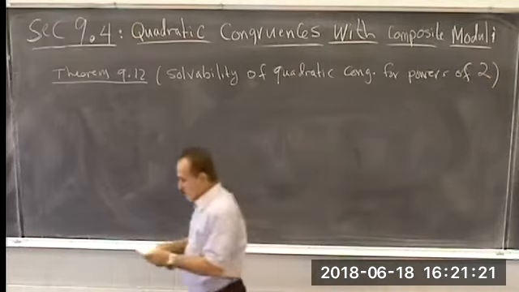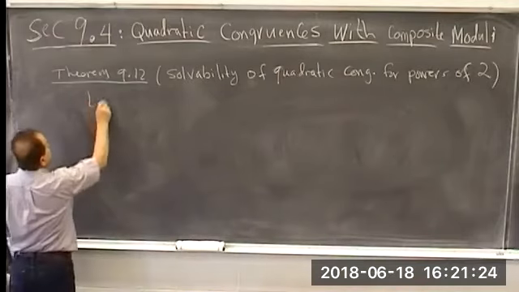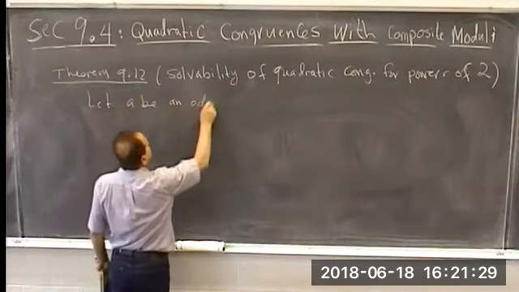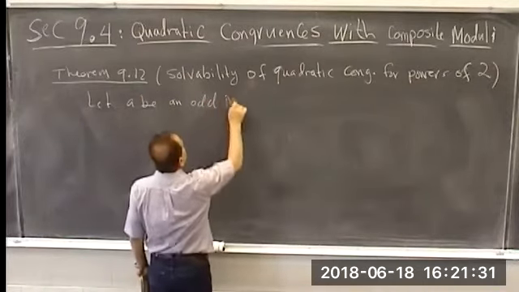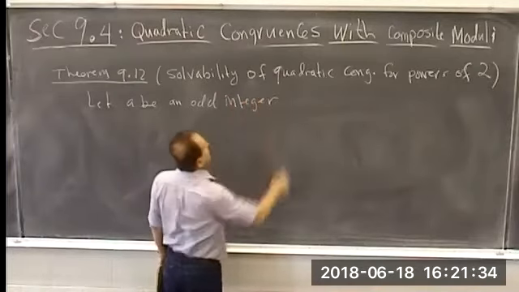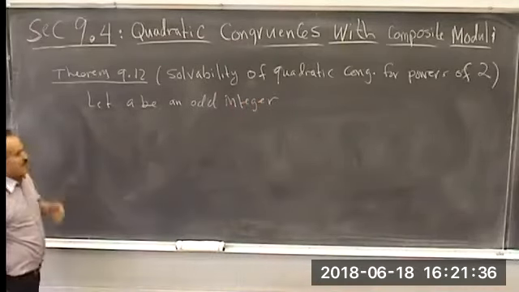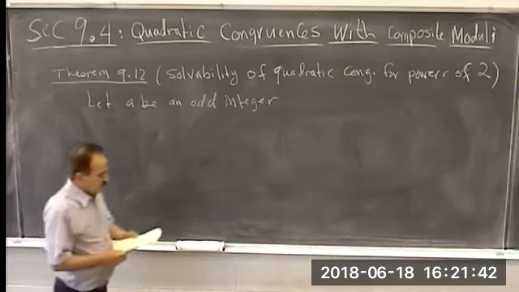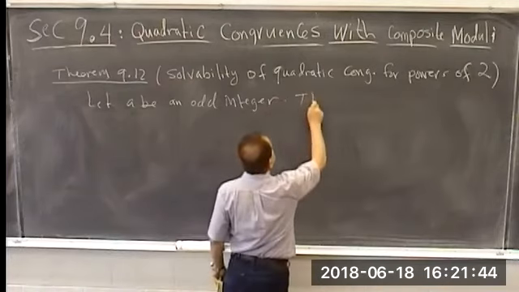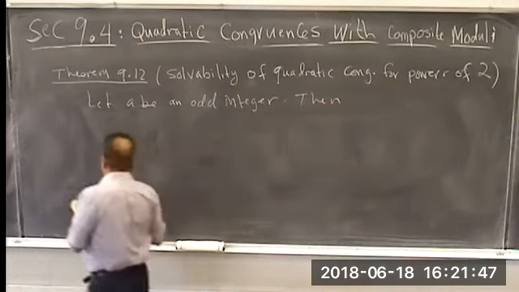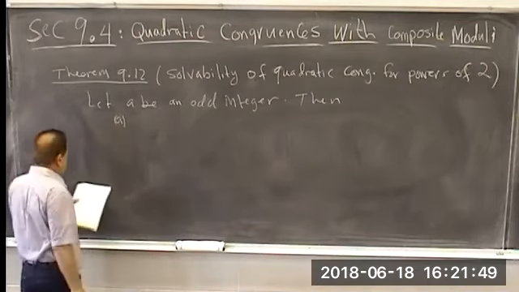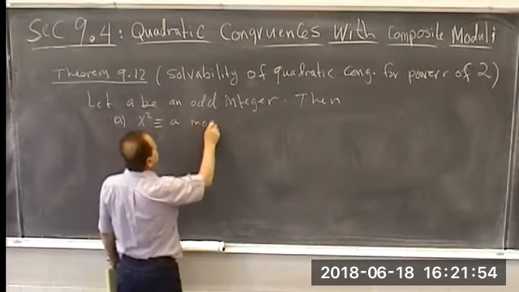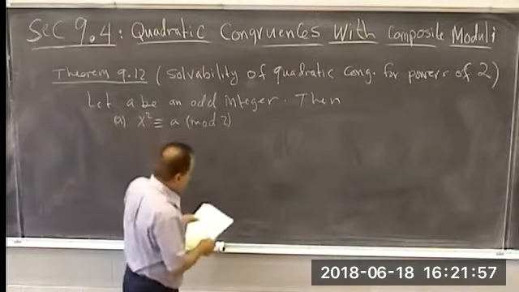It goes like this. Again, let A be an odd integer. In this case, to satisfy the condition of relatively prime, A needs to be odd, all right? Then the first part is x squared congruent to A mod 2. There's always a solution.